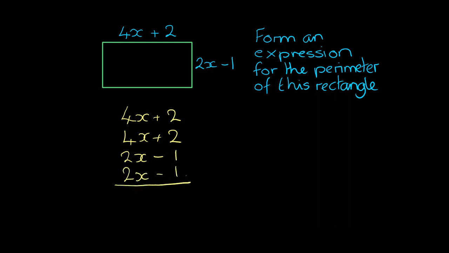So we just need to add all of those up. So we've got just the x's, we've got 4 and 4, 2 and 2, so altogether that makes 12x. And then we've got 2 plus 2 is 4, take away 2, the 2 minus 1s, that leaves us with plus 2. So the expression here for our perimeter is 12x plus 2.